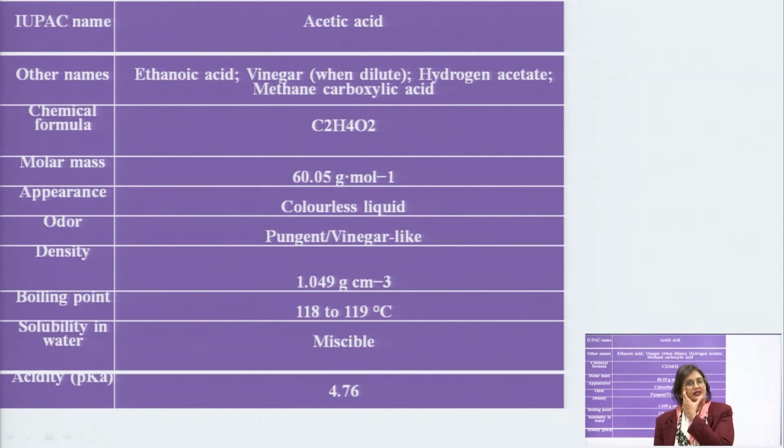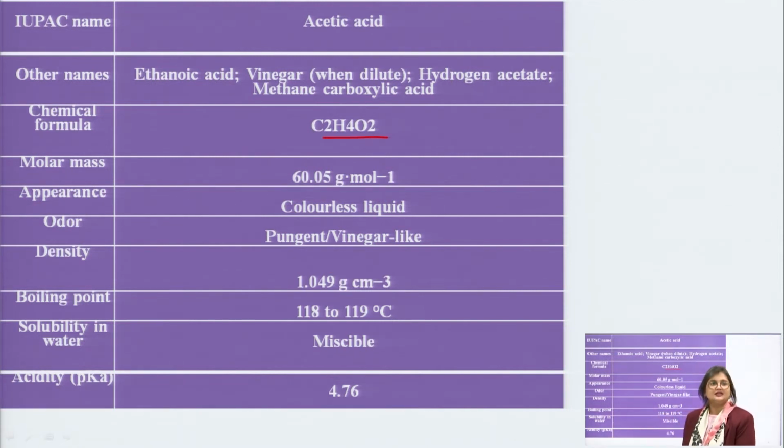The chemical formula of acetic acid is C2H4O2. The molar mass of acetic acid is 60.05 gram per mole.